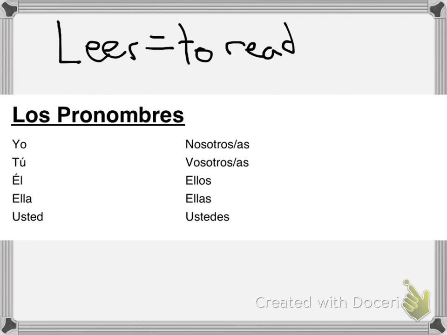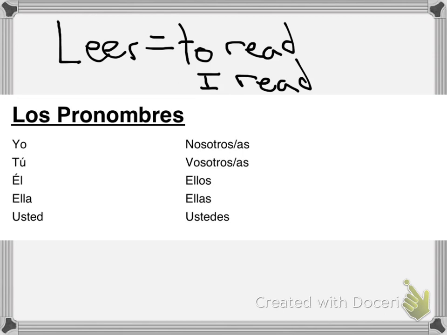By conjugating it, I am taking it from to read to say something like I read. This is verb conjugation. Taking a verb that is just a generic description of what is happening, and changing it so that it is matched with a specific subject pronoun.